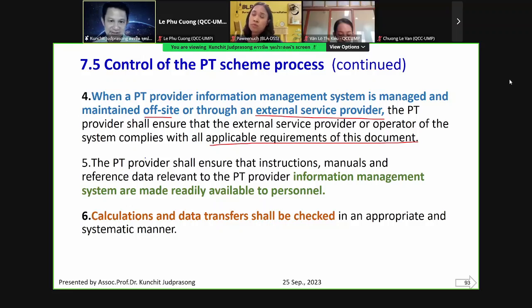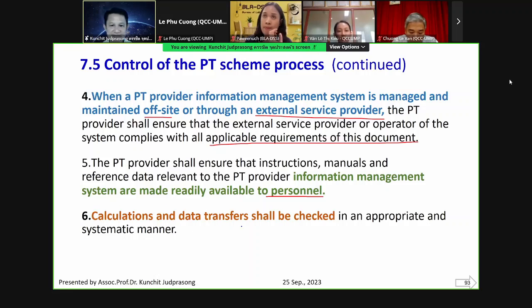The PT provider shall ensure the instructions, manuals, and reference data relevant to the PT provider information management system are made readily available to personnel. So when you have the management system, the PTP personnel should have it readily available. They know how to search, they know how to find the document by themselves.